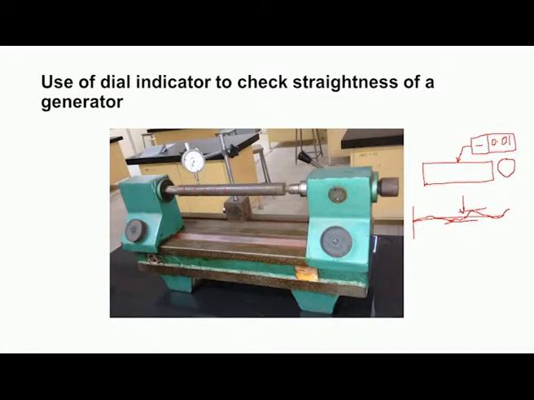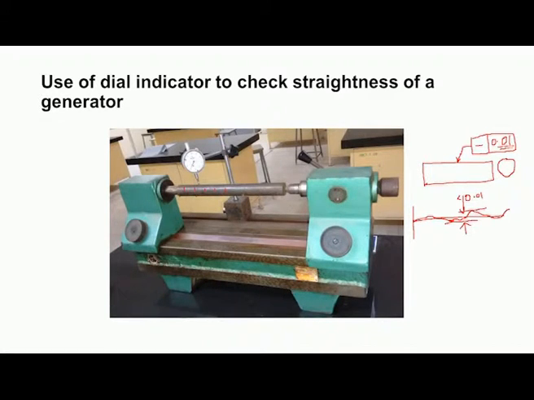Now we should calculate the gap between this peak and valley. If this gap is smaller than the specified value, that is 0.01, then we say this particular generator is straight.